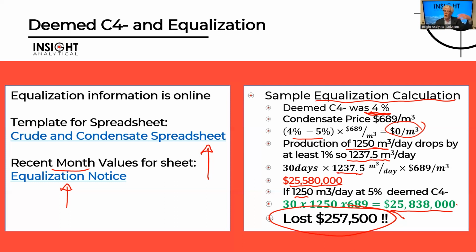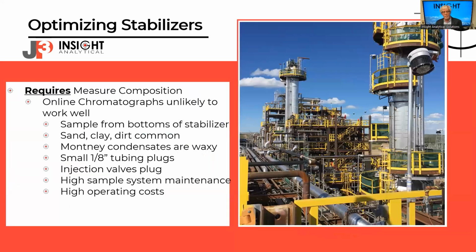Oh, a week ago I was running too high. You're going to have to put in an online analyzer. So optimizing stabilizers is going to require that we measure the composition.